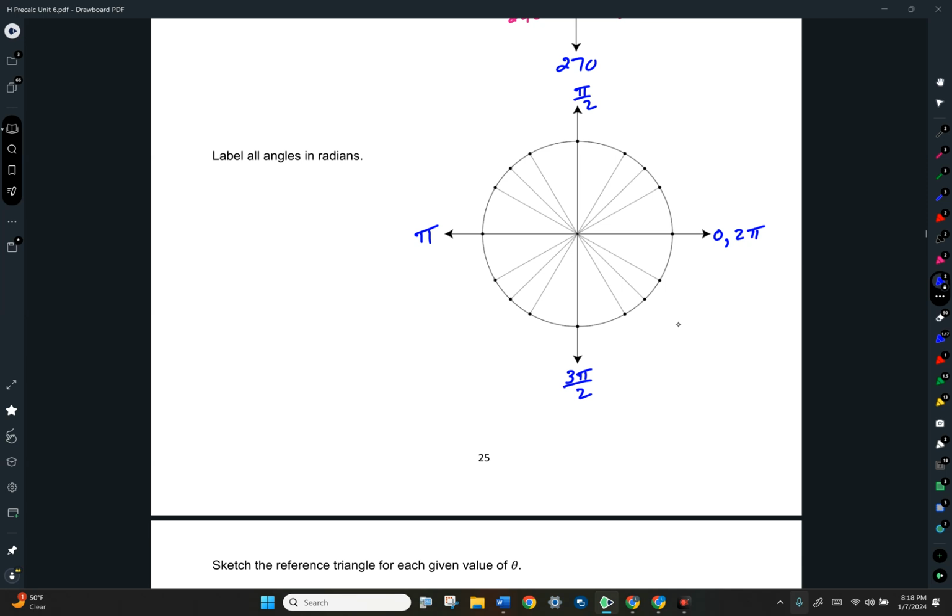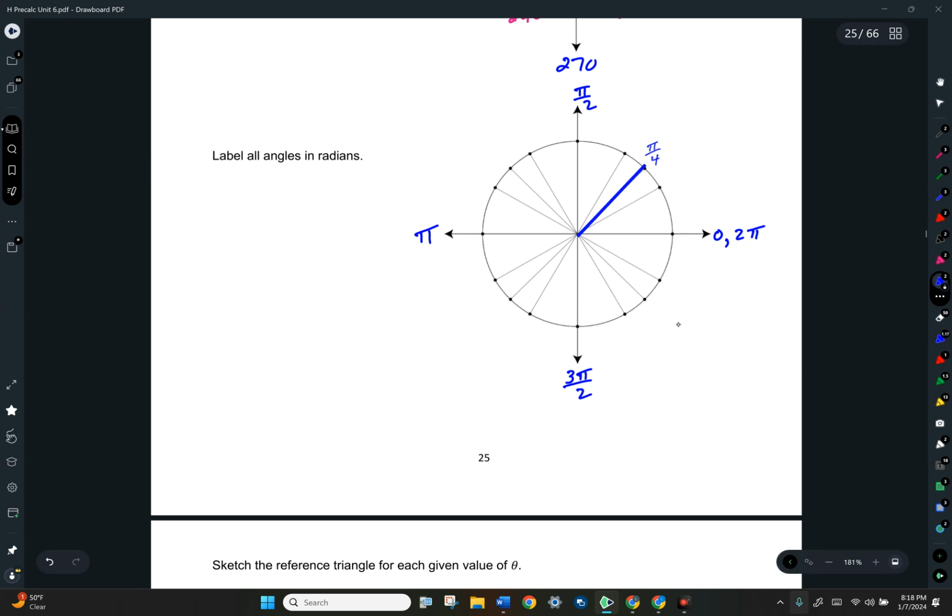Okay, but let's talk about these middle lines. So if this is my halfway, that's my 45, and you may remember that when we were converting back and forth, we said that 180 divided by 4 is 45. So that's why we're going to call this pi over 4.